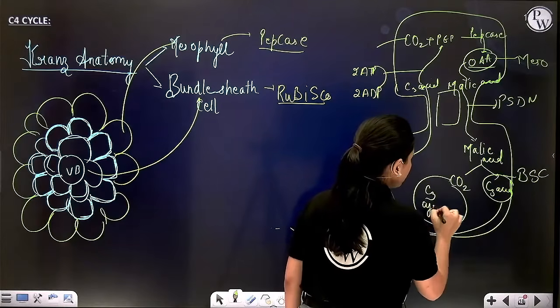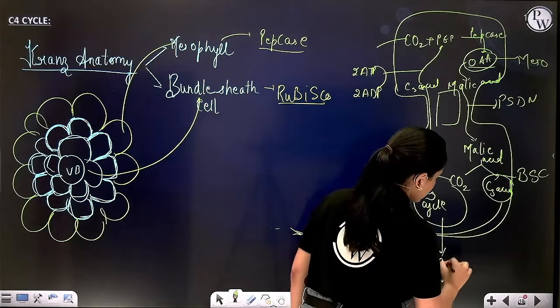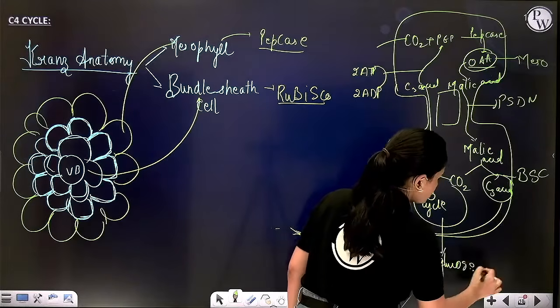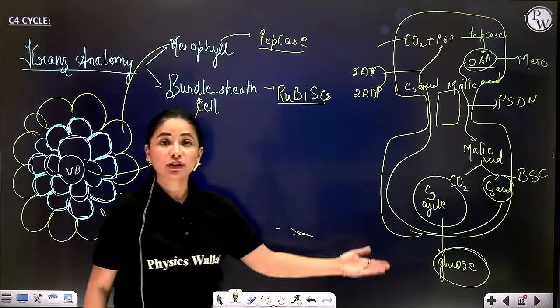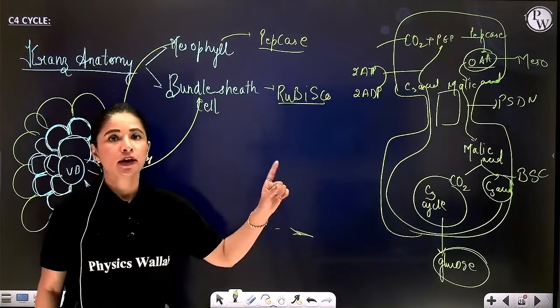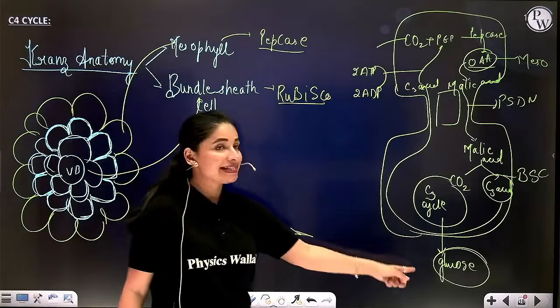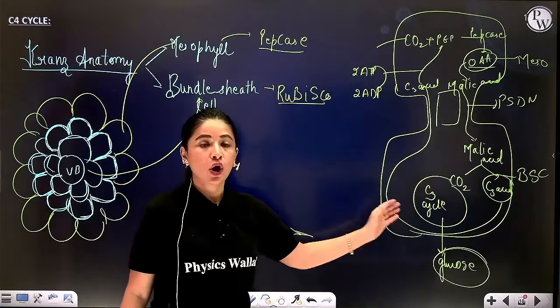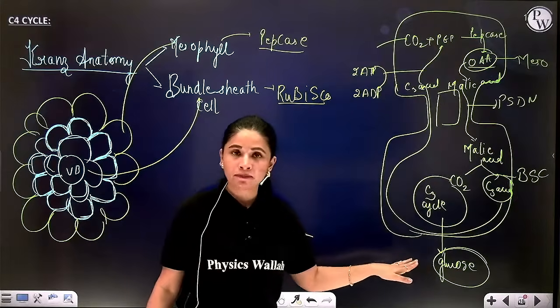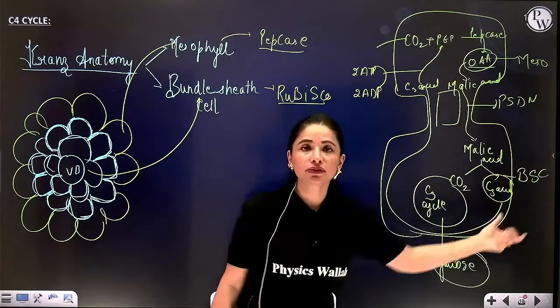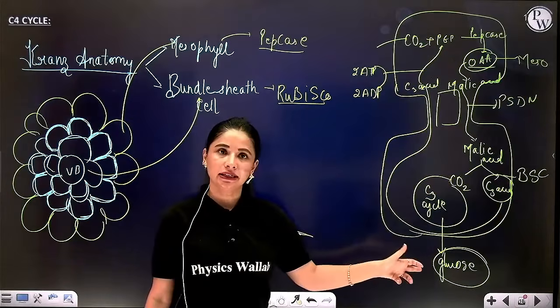So even in C4 plants, for glucose production, the C3 cycle operates. Overall, it is the C4 cycle, and C3 is a part of it.